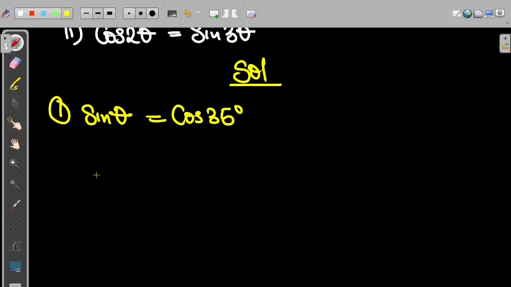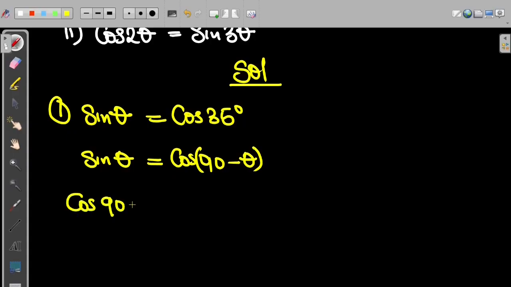But recall that sine theta is equal to cos 90 minus theta. So at this point, where we have sine theta, we can replace it with cos 90 minus theta. So the equation becomes cos 90 minus theta equal to cos 35.